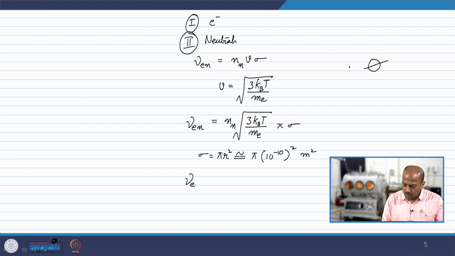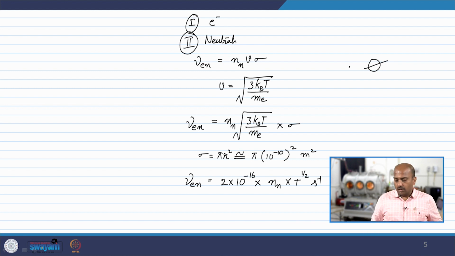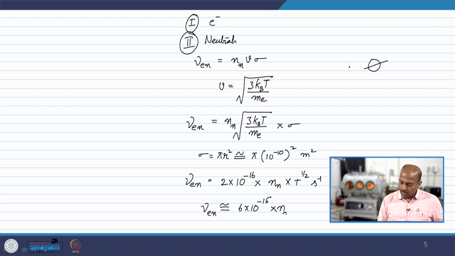Now, nu_en is approximately 2 times 10 to the power of minus 16 times Nn times T to the power of 1 by 2 per second, which is actually calculated using the known densities, and for plasma temperatures of approximately 600 Kelvin, this will be approximately equal to 6 times 10 to the power of minus 15 times Nn per second.